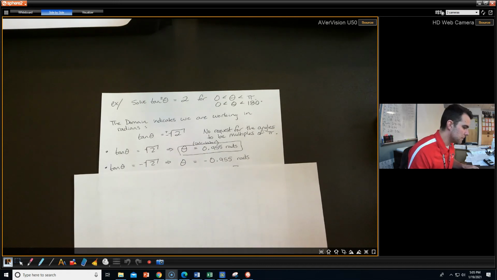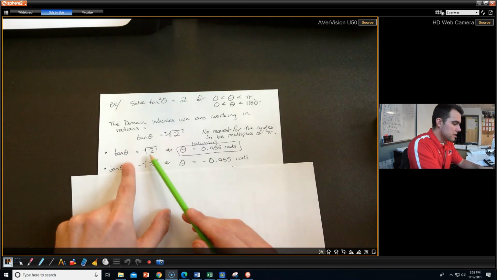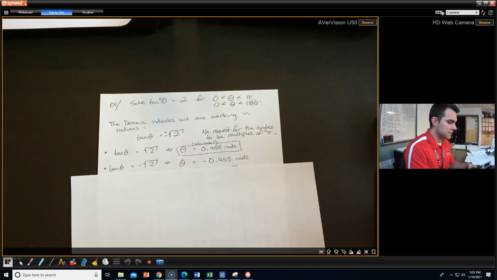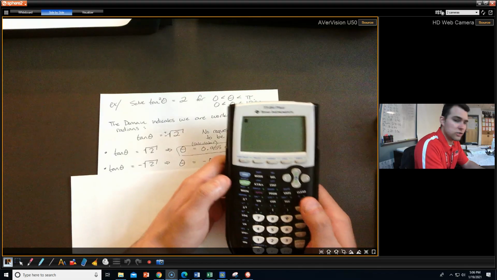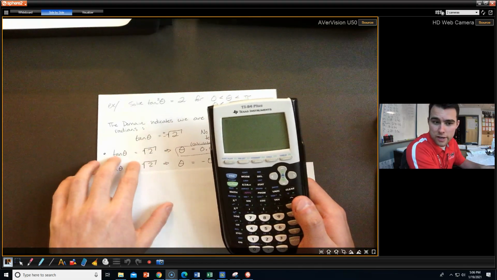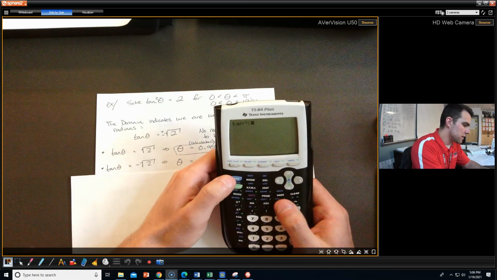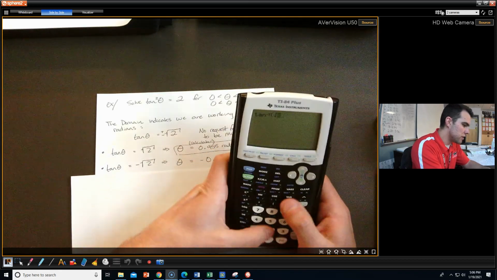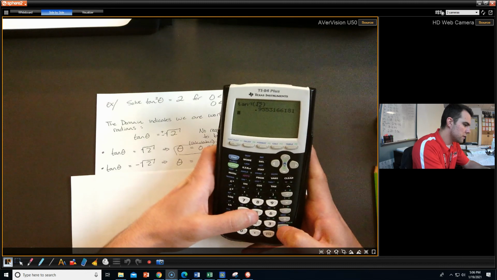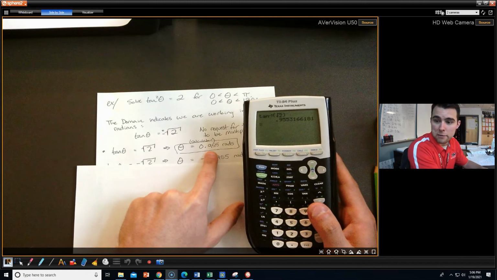So what I end up doing is I use my calculator. I take the arctangent of square root of 2. I didn't show it, but I'm doing the arctangent of both sides. And so I come here to arctangent, I do my square root of 2, I'm going to close it off, and I end up getting that guy right there, okay?